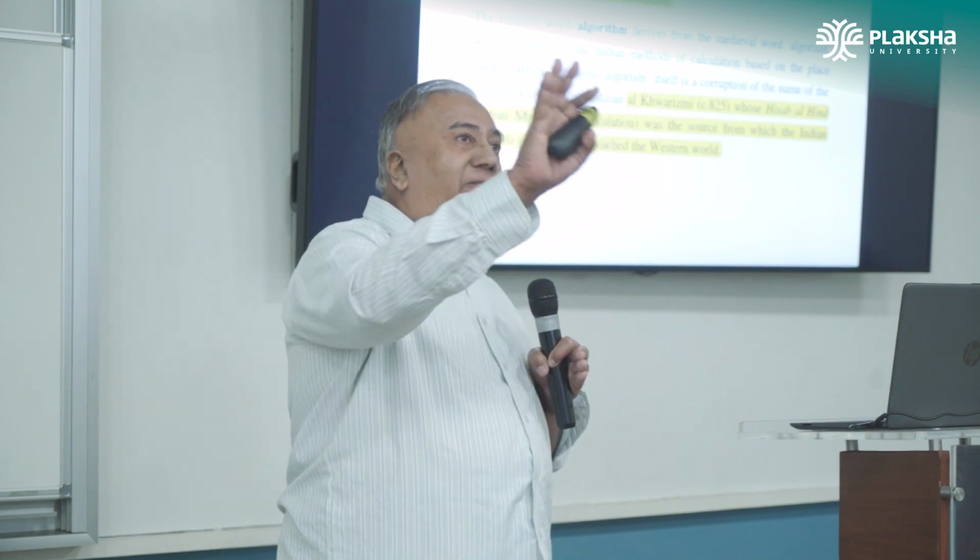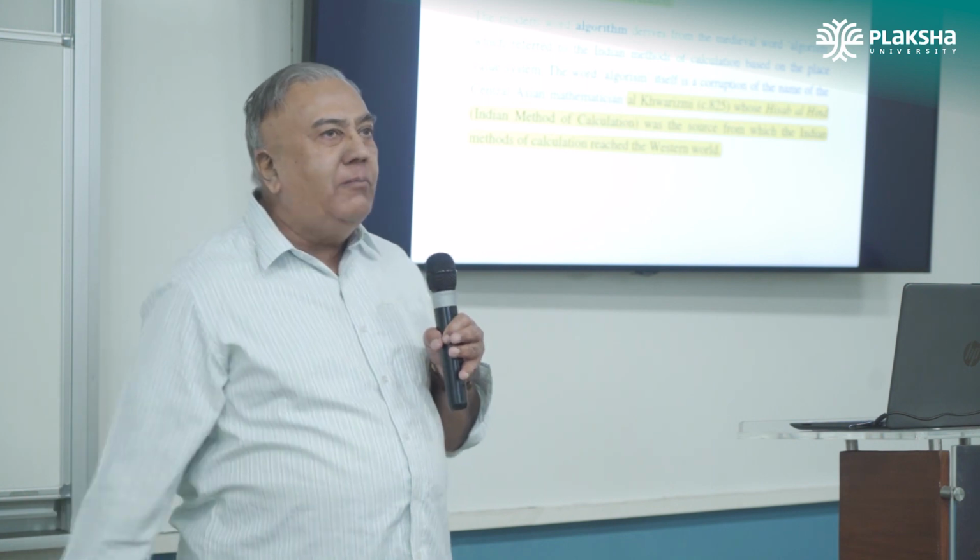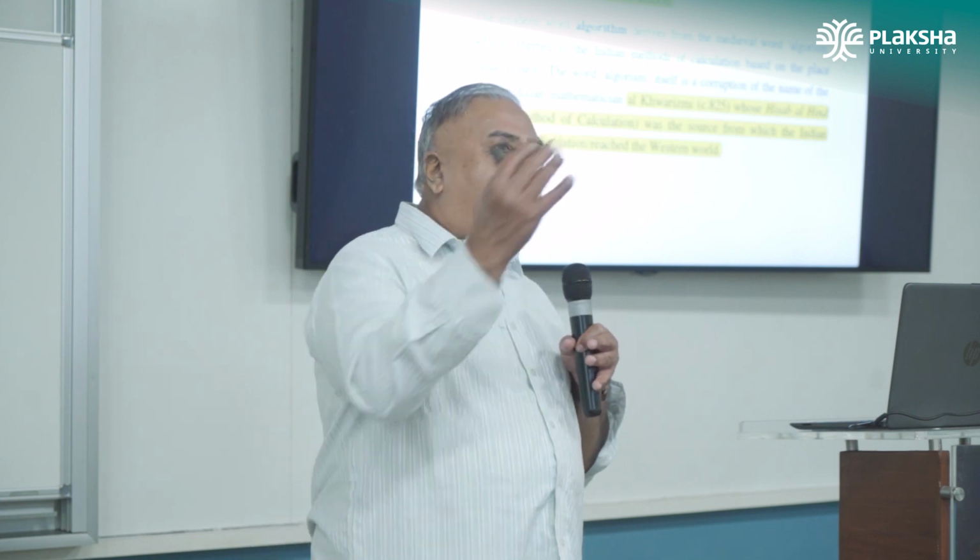Mathematics is defined as Sankhyaete, Ganyate. It is the science of counting, science of calculation or computation, whatever you may call it. And in fact, the word algorithm itself has a very strange history. It's actually the distortion of the name of Al-Khwarizmi, a Central Asian, from Uzbekistan I think, an astronomer and mathematician, who made the West Asian world or the Islamic civilization aware of the Indian methods of calculation.